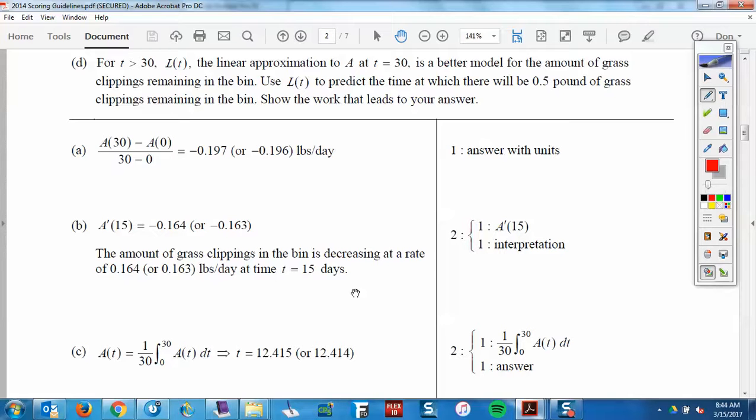Did you guys get 12.413? 12.415? I used the exact.